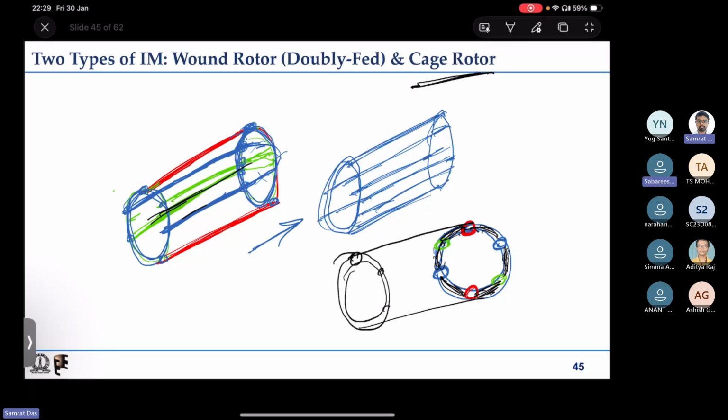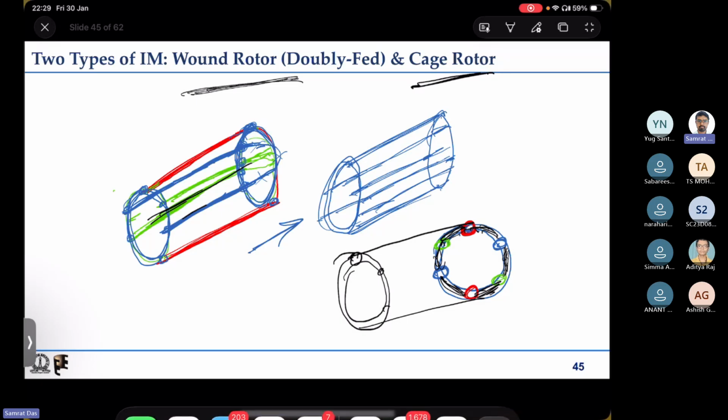So we can either have windings on the rotor, where we excite the stator as well as the rotor. That is called a doubly fed induction machine, because we are exciting the stator as well as the rotor. Or it is possible for us to make some cage and do away with giving any excitation to the rotor.